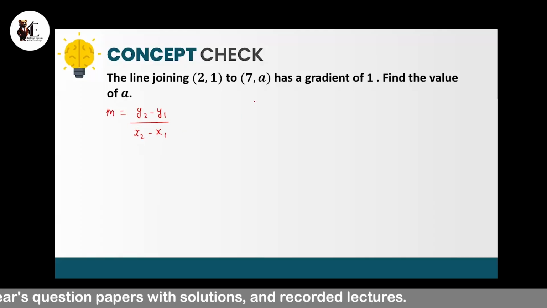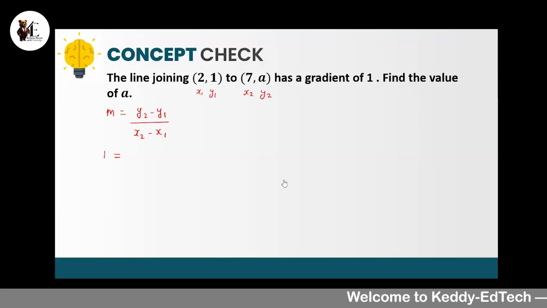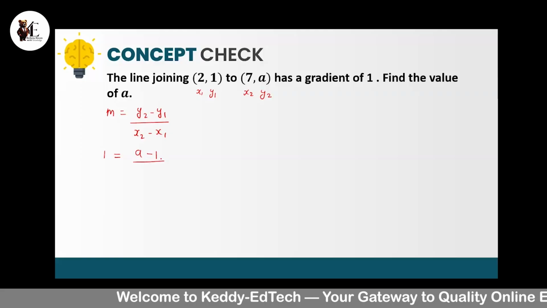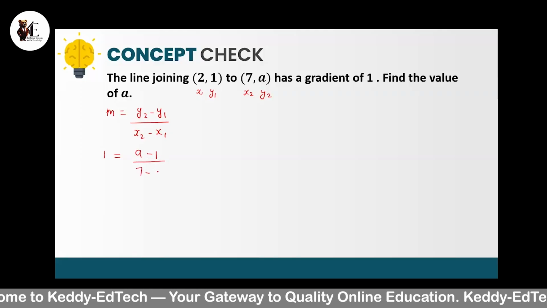Okay, if you substitute the values, the gradient is 1 here. So 1 is equal to y2 minus y1 over x2 minus x1. This is x1, this is y1, this is x2, this is y2. Now substituting these values: y2 is a, minus y1 is 1, over x2 that is 7 minus x1 which is 2.